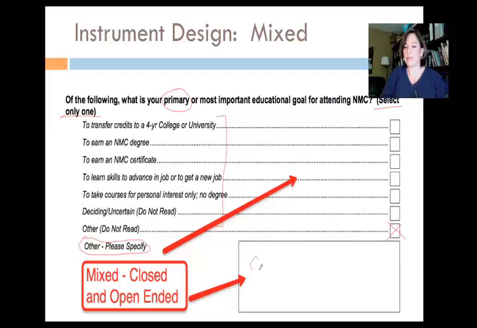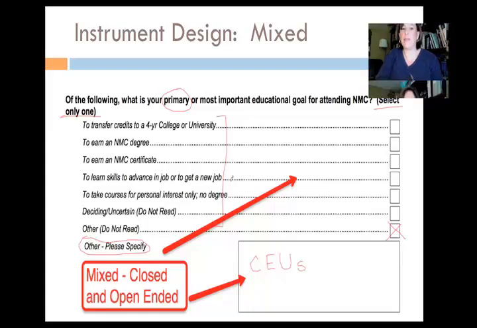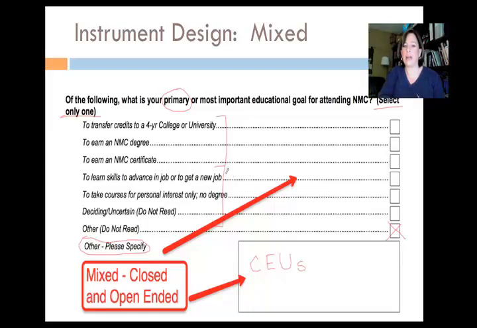Oftentimes, we'll receive responses on something like this, and CEUs, let's say this is one example. Somebody might say, well, I was just here to get continuing education credits, or CEUs, for my work. Sometimes they'll make a response here, and in the data analysis, I'll kind of lump it into a category like this one.